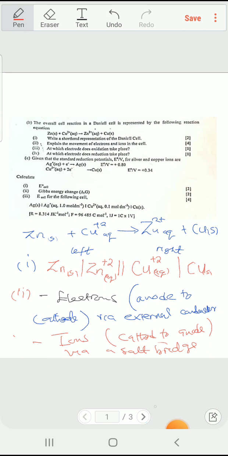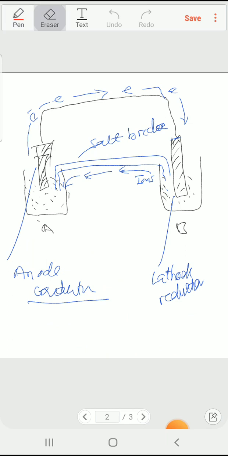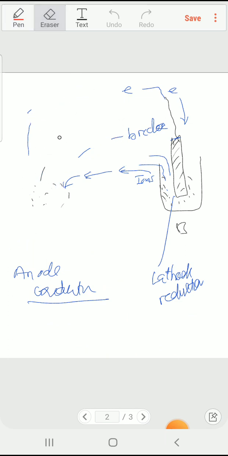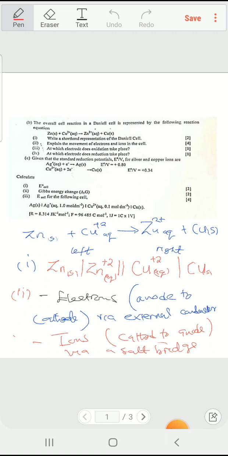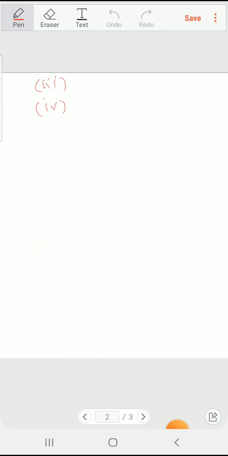Then you can go to the next question. All right, so here the question is, at which electrode does oxidation take place? I've already explained that one, so you can just write anode electrode.